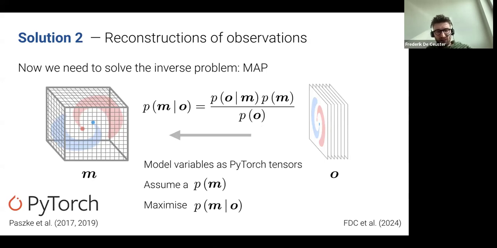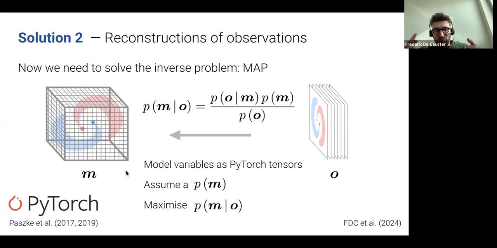So how did we do that? Actually, we implemented our entire forward model in PyTorch. So we built a radiative transfer solver in PyTorch, such that, because of Autograd, we had an easily differentiable forward model. And then we defined our model, so the density, the temperature, and the velocity, and all the variables that we needed, on these 3D tensors in PyTorch.